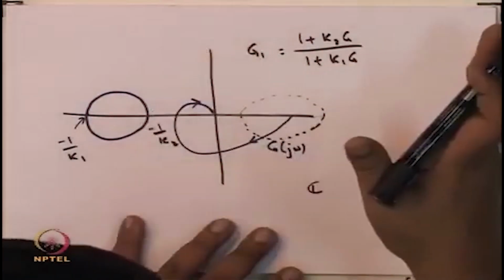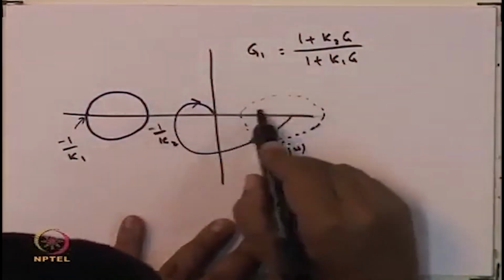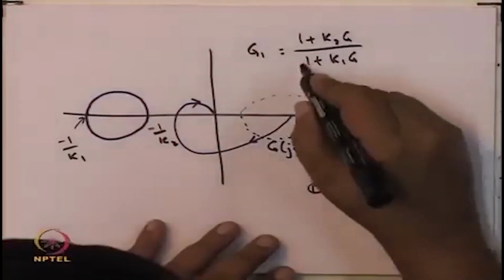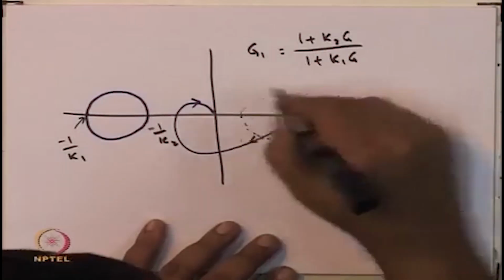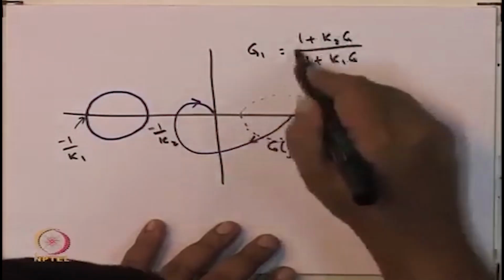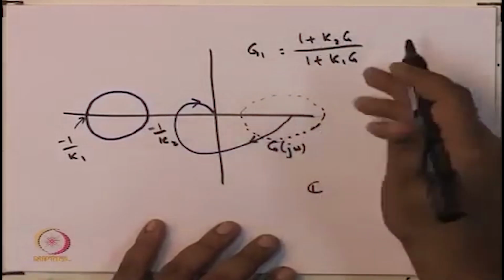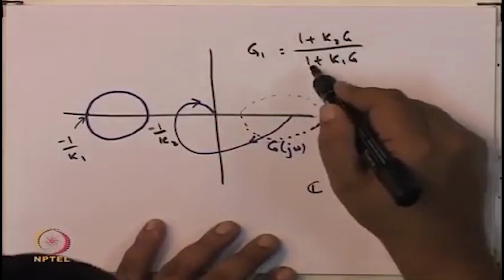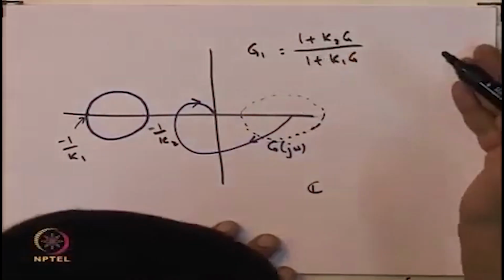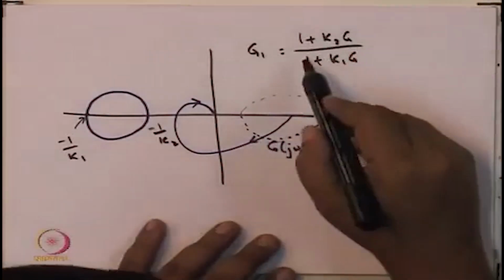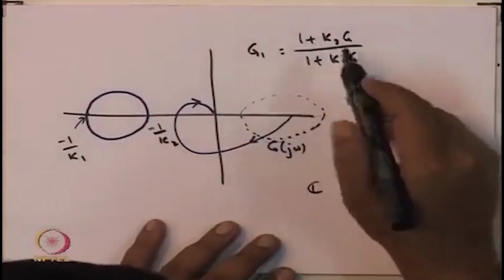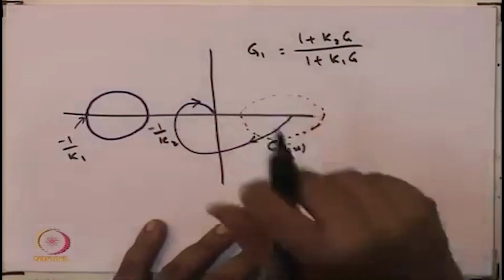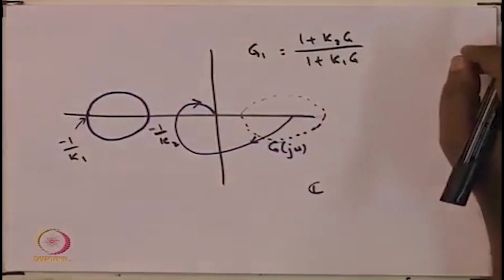Now, whether the right half plane under this map G1 maps inside or outside, how does one decide that? Because that will decide whether the resulting transfer function, apart from being positive real, should also be stable. Another equivalent definition is that apart from the Nyquist plot being on the right hand side, all of the right half plane should map into the interior, or rather into the right half plane.